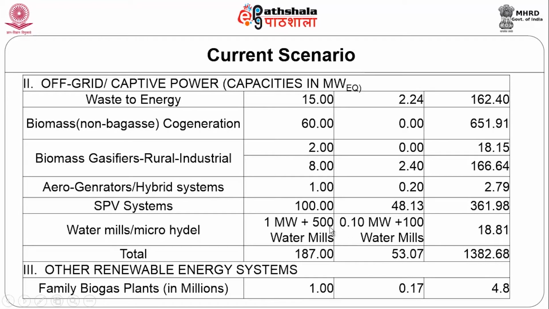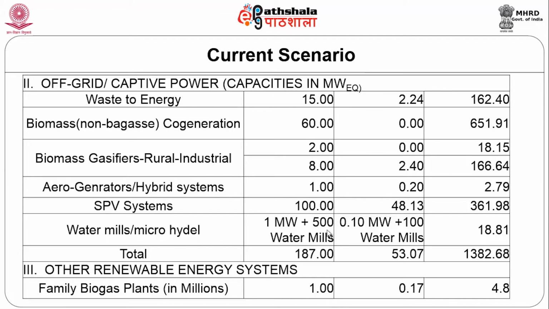This is off grid, decentralized power generation not connected to the grid, in remote and rural areas, where these kinds of renewable energy based power systems have been installed in the country.